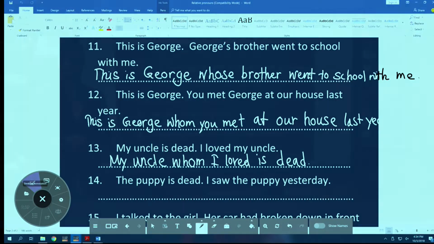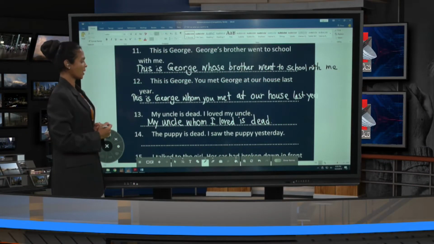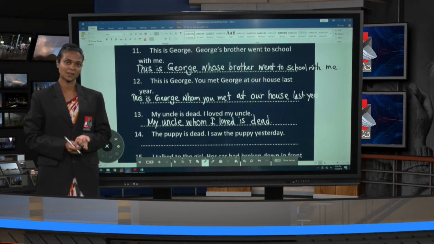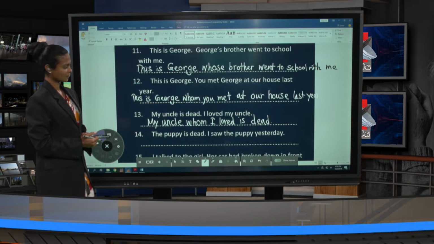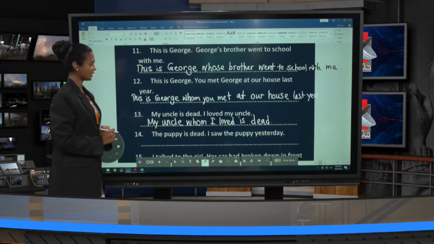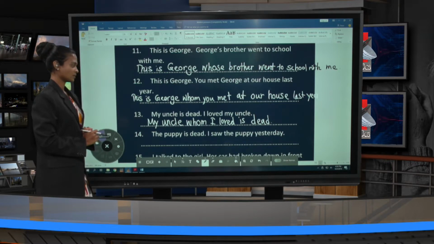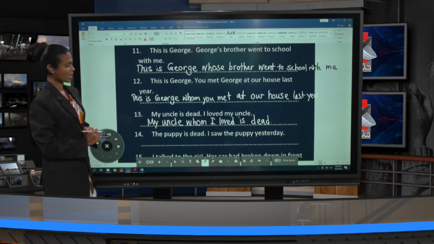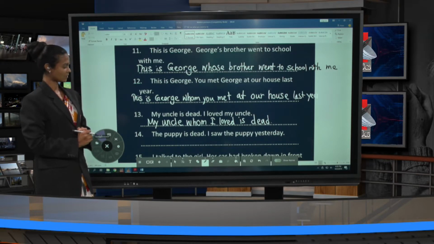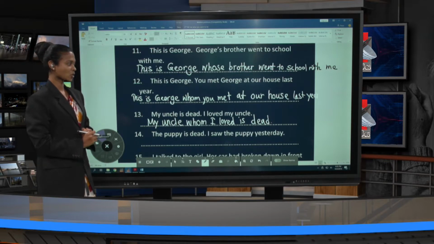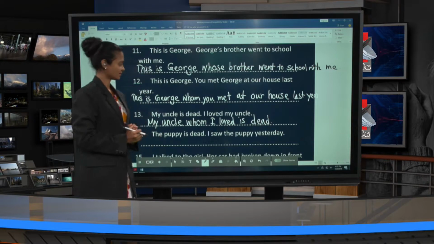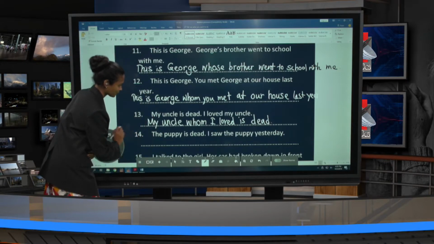Then 14th one. Again, the puppy is dead. I saw the puppy yesterday. Then you cannot use whom because it is an animal. Then how do we form? Yes, the puppy is dead. I saw the puppy yesterday. Mama ඊයේ දැකපු puppy is dead. How do we form it?